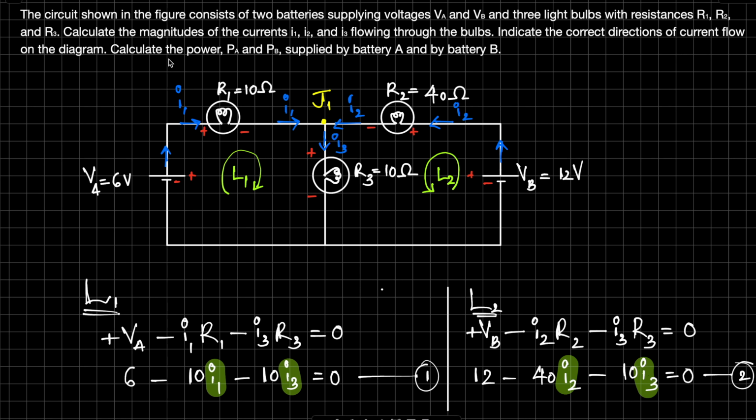There is one more question. Calculate the power PA and PB supplied by battery A and by battery B. So battery A is a 6-volt battery and battery B is a 12-volt battery, and we need to find the power supplied by the battery, which is PA and PB.